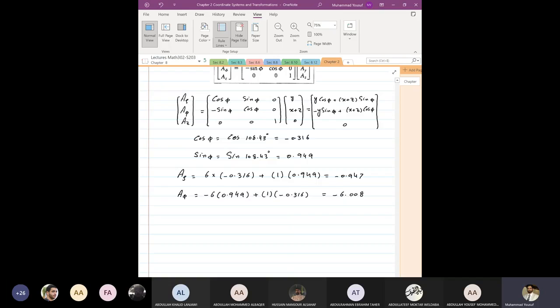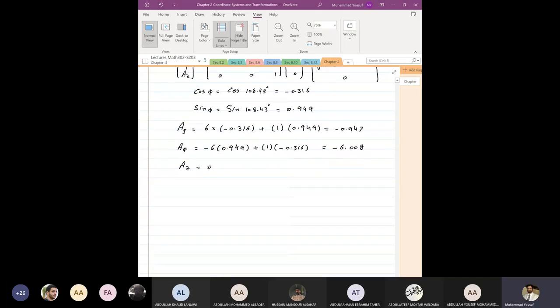And the third component, az, for the sake of completeness, is 0. So the vector A is negative 0.947 small a rho, negative 6.008 small a phi plus 0 small a z. This is in cylindrical.